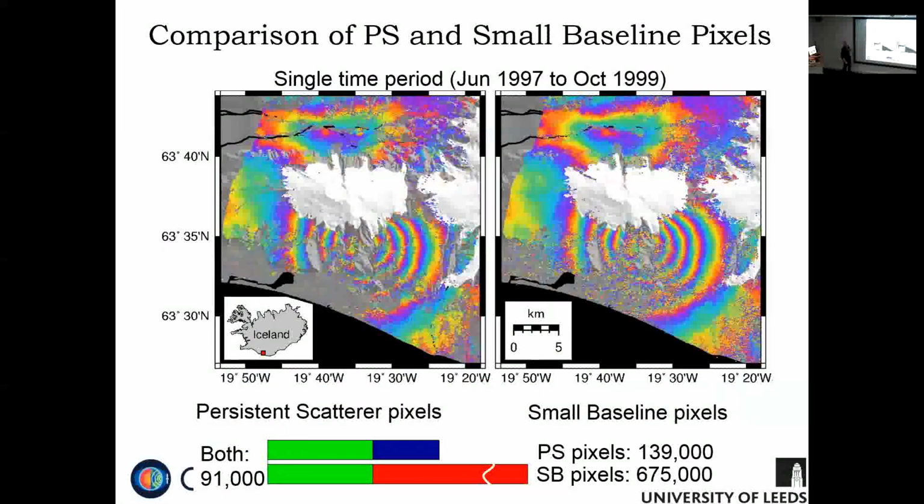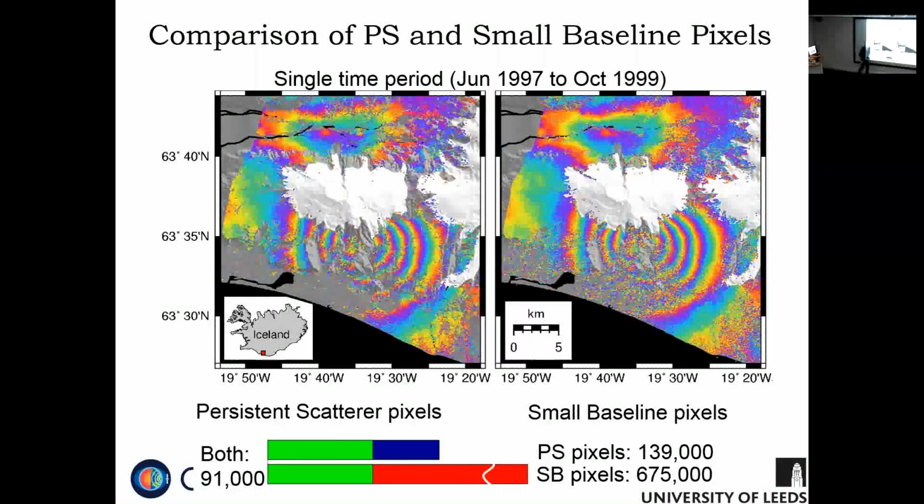This is just looking at one of those interferograms, and it's a comparison of the PS approach on the left compared to the small baseline approach on the right. And of course, you get very much the same signal, as you expect. What you find is that some points can be interpreted quite nicely either as persistent scatterers or as small baseline, but some only behave well for the other.